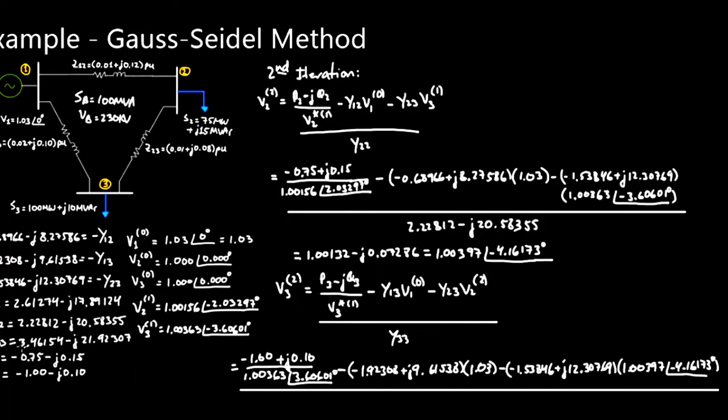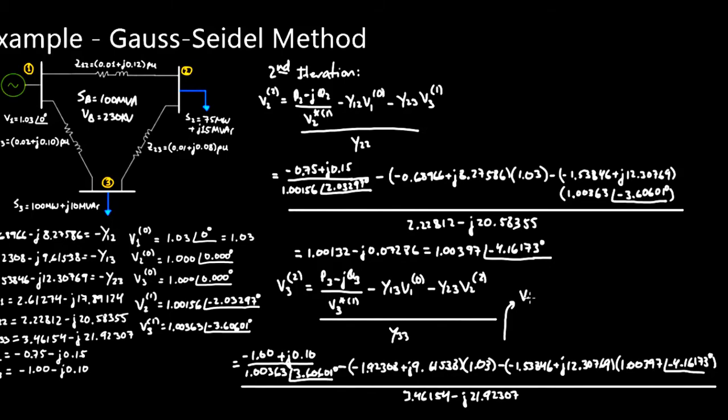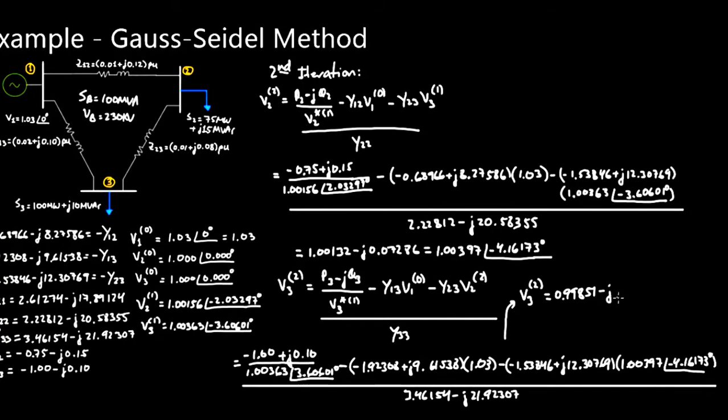So Y33 is over here, 3.46154 minus J21.92307. And so if I calculate all this, V3 of 2 is going to be in rectangular form 0.99851 minus J0.08302.